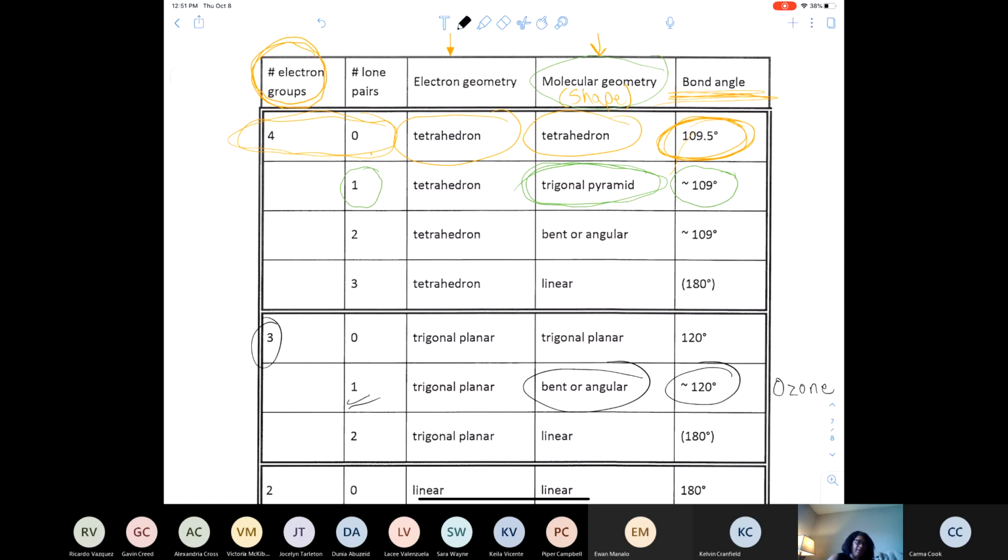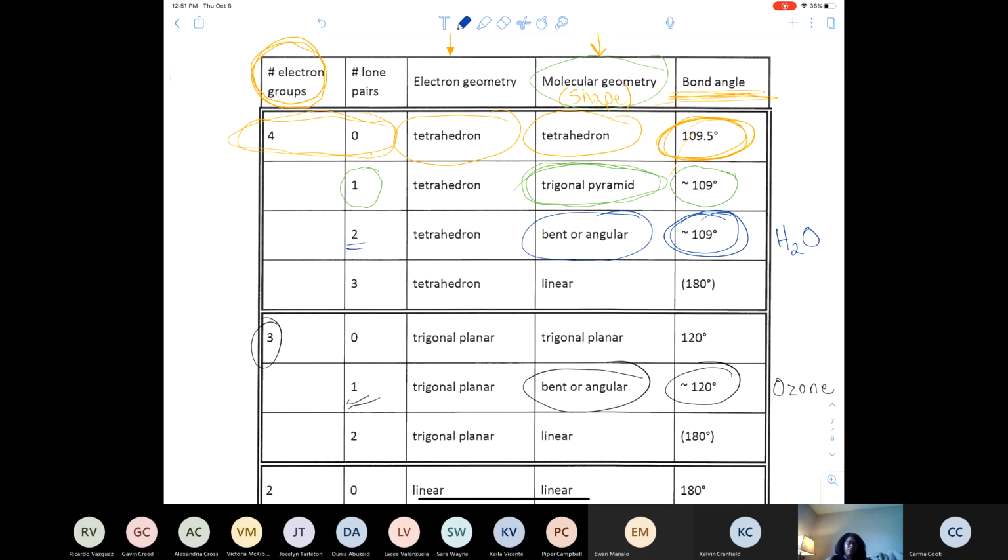Water, on the other hand, we said there were 4 total groups around water, and of those 4, 2 were lone pairs. So water's description would be at this row. Both of their shapes are the same, bent, but look at the difference in the bond angles.